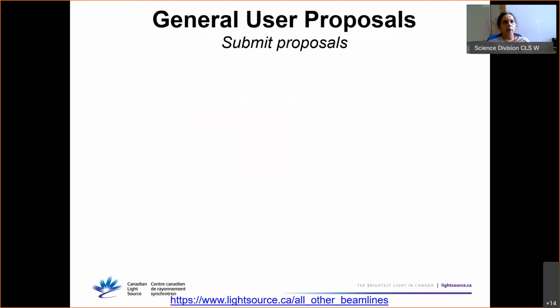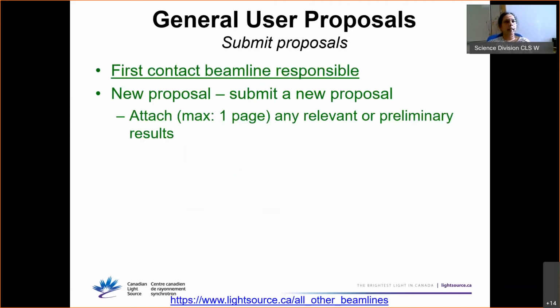So we are going to focus on how you can write and submit general user proposals. Okay. So most of you may be planning to submit a new proposal. You can submit a new proposal. Again, you need to contact the beamline for which you are submitting the proposal, for sure, so the scientist knows you are submitting a proposal and you are planning to run an experiment. So we'll see how to submit a new proposal.